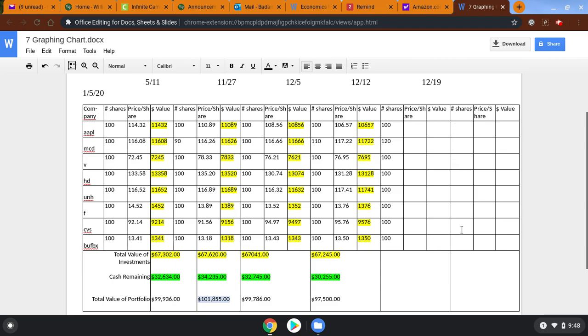How many shares did I own in my final week? How much was each one worth? What was the total value of my stocks? How much cash will I have at the end of the project? And what is my total value? Did it go up or did it go down from where I initially started? That's what we're going to be tracking in this project.